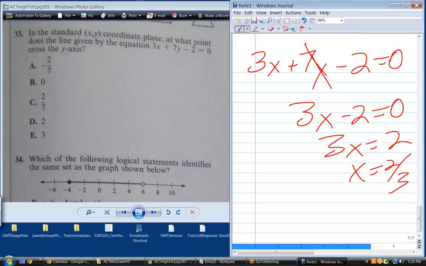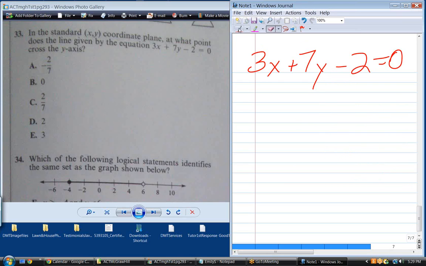That's the x-intercept. So whenever you're given an equation that's in standard format, as opposed to slope-intercept format or point-slope format, there's 3 formats: slope-intercept, point-slope, and standard. Actual standard is ax plus by equals c. So the actual standard format would be 3x plus 7y equals 2.